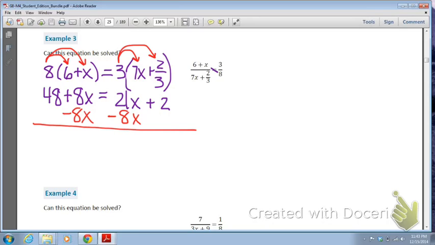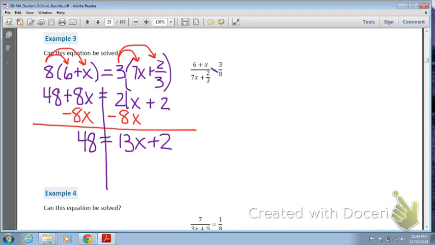It's just a good habit, but it's not necessary. You can do it however you want. I'm going to keep it straight by drawing my line. So 8x minus 8x is 0. So I'm left with just the 48 on this side equals 21 minus 8 would be 13x. And I still have plus 2.